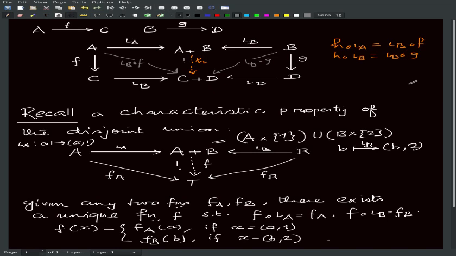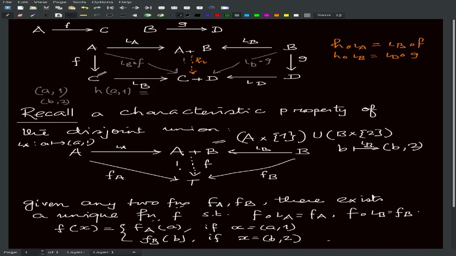And obviously, if you want an explicit description, you know what this description would look like. Because A plus B consists of only points like this, there are only two types of points, A1 and B2. So where is A1 coming from? It's coming from A. And what is H of A1 therefore? It is going to be same as this.